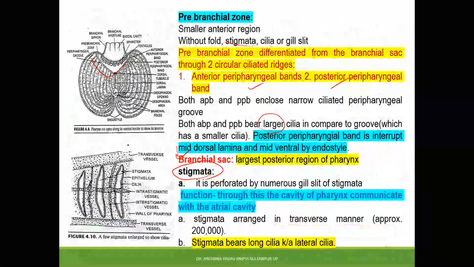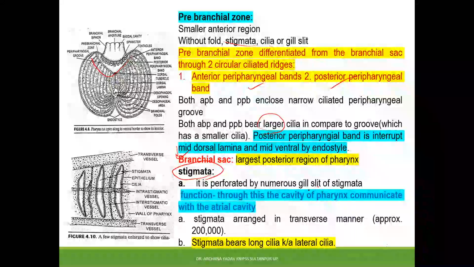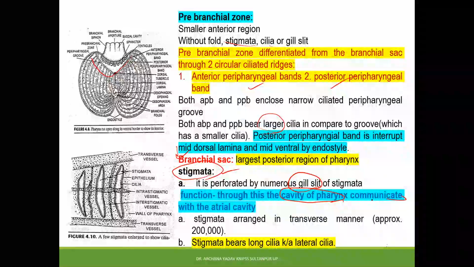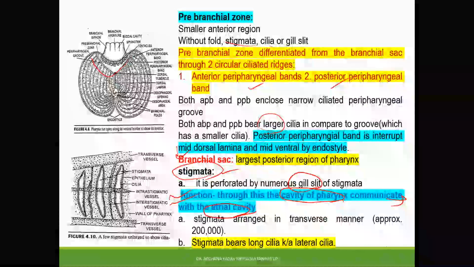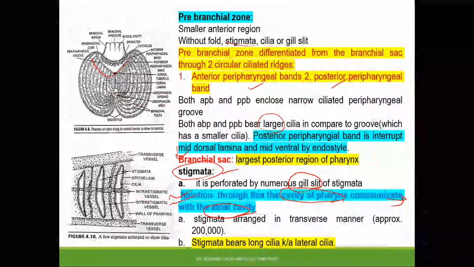The branchial sac is perforated by numerous gill slits, which are known as stigmata. The function of stigmata is that they communicate the cavity of the pharynx to the atrial cavity. So its function is the communication between the pharynx and the atrial cavity.